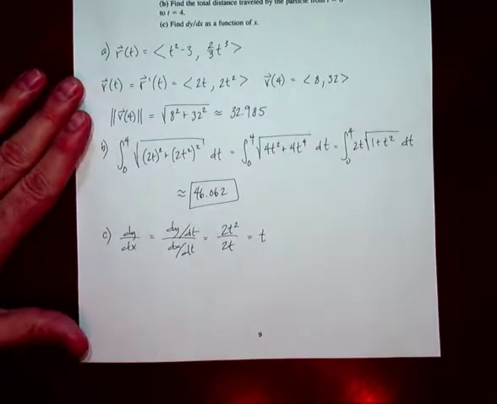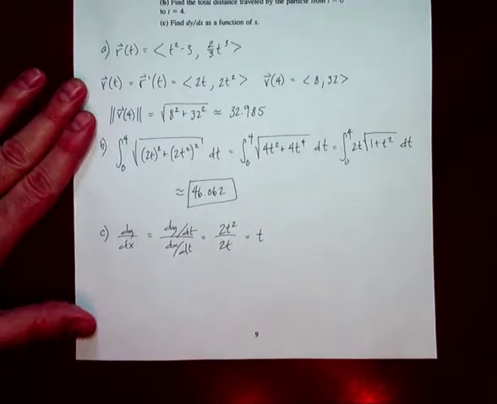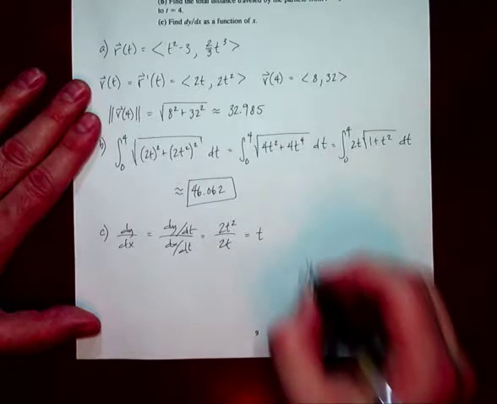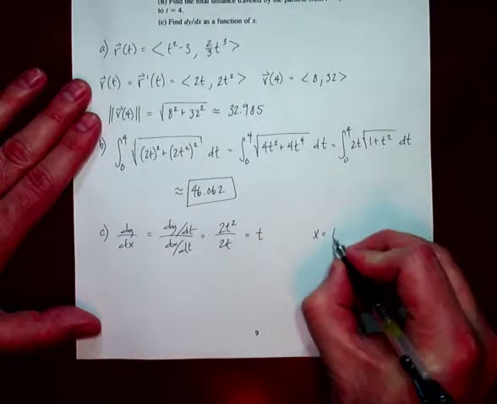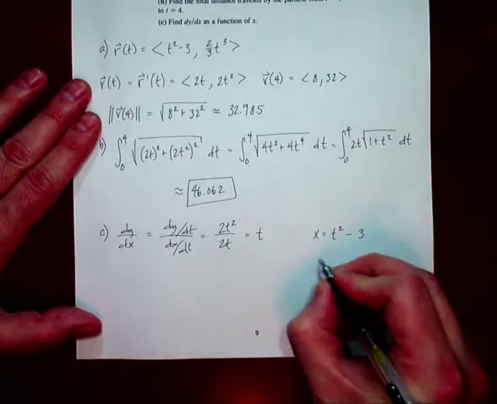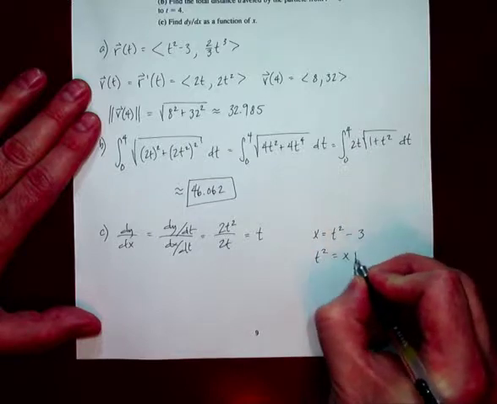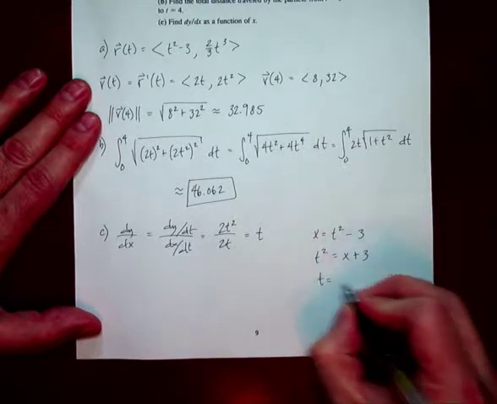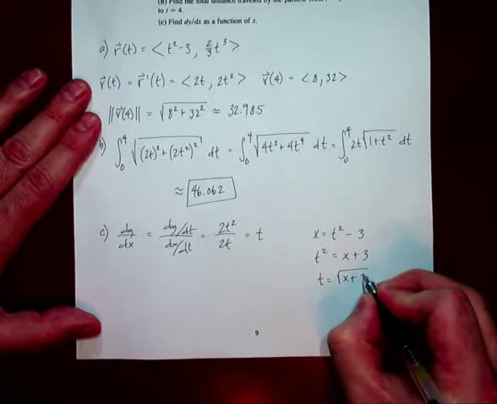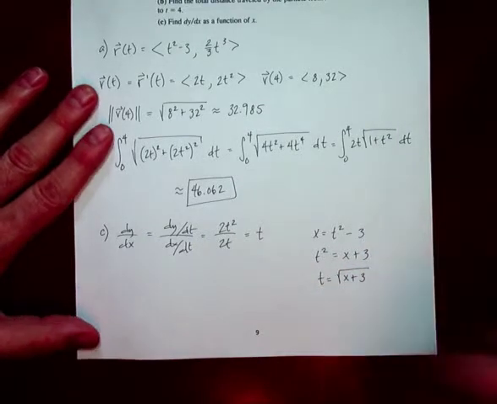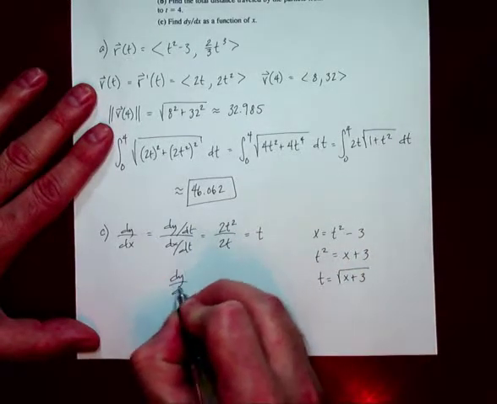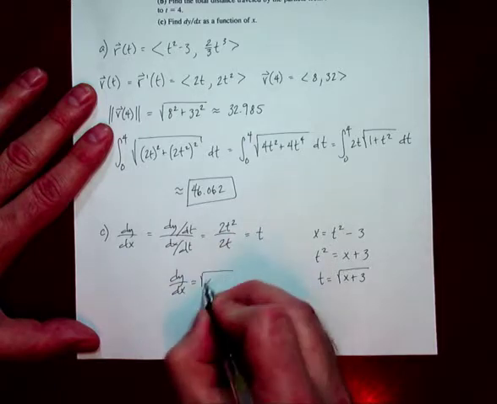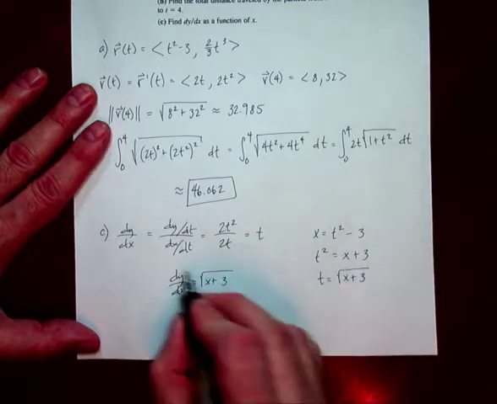But they did say as a function of x. So x is t squared minus 3, and therefore t squared equals x plus 3, or t equals the square root of x plus 3. So my dy/dx is the square root of x plus 3.